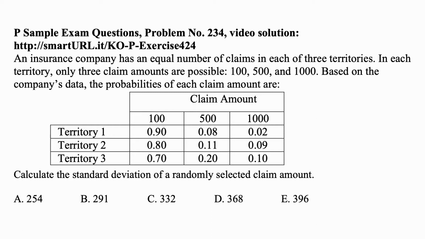In territory 2, 0.8 probability for a claim of 100, 0.11 for 500, and 0.09 for a claim of 1000. In territory 3, 0.7 probability for a claim of 100, 0.20 probability for a claim of 500, and 0.10 probability for a claim of 1000. Calculate the standard deviation of a randomly selected claim amount.